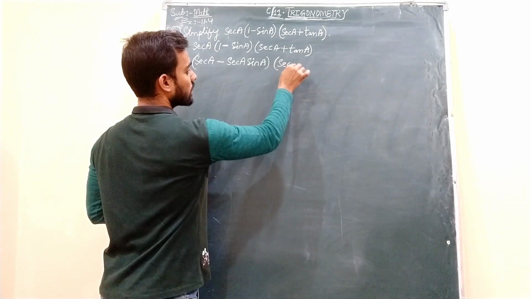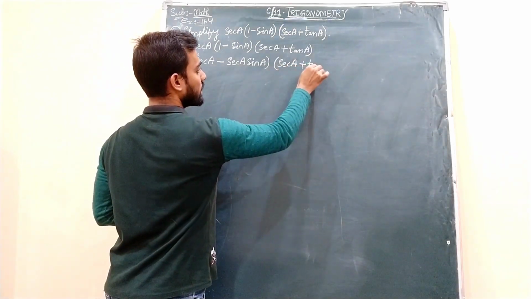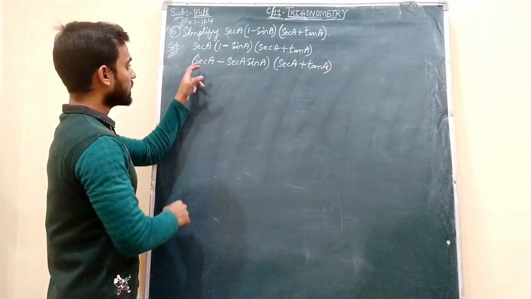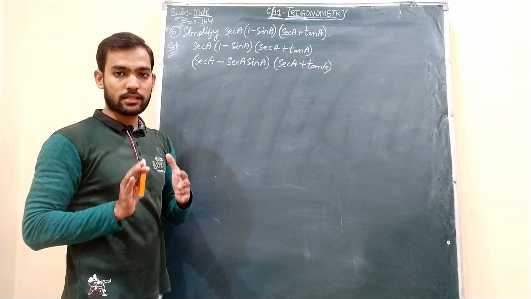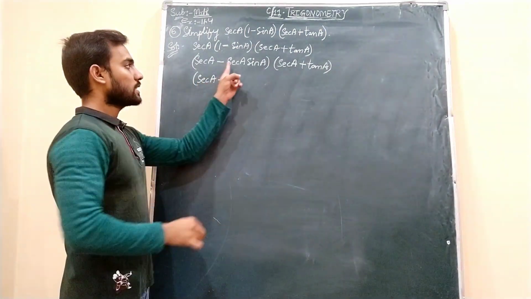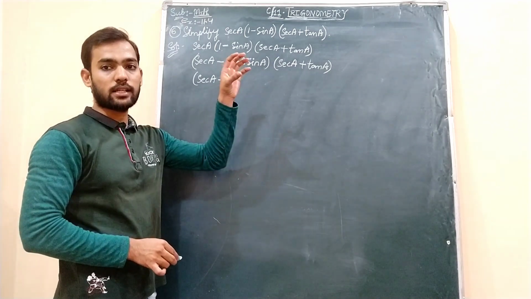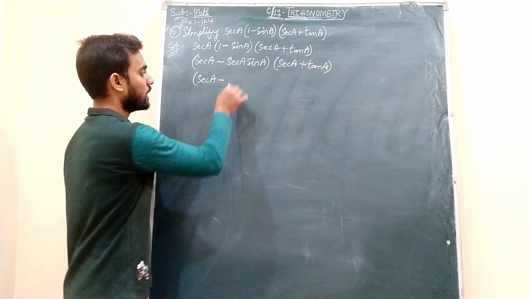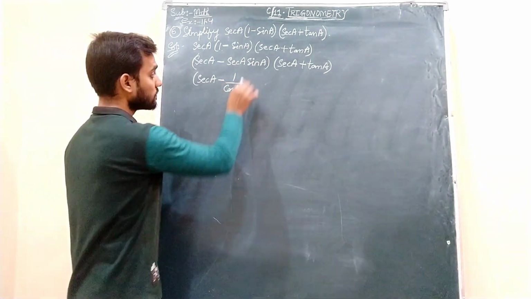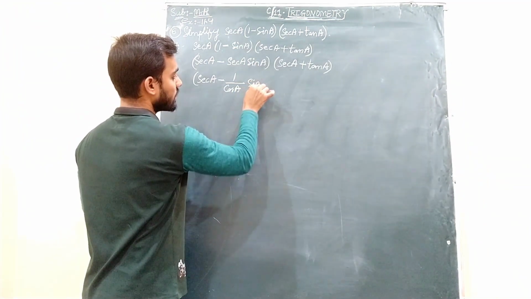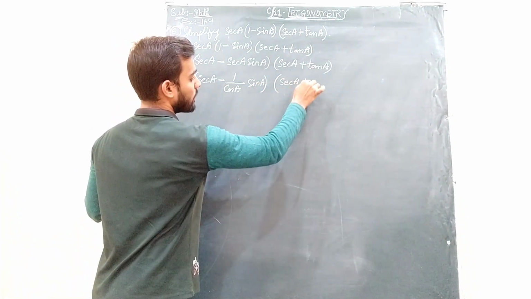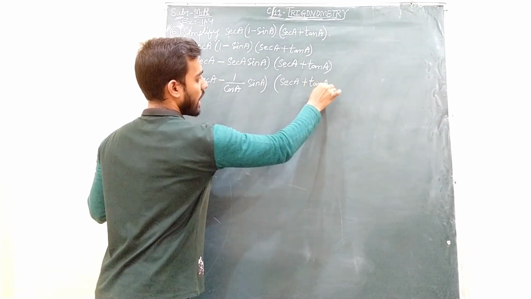Now this expression should be written as it is secant A plus tan A. Understand students? Now in next step, this secant A are same, so I will not disturb it. This secant A I will keep as it is, minus this secant A I will change as per the multiplicative inverse of it, that is 1 by cos A, into sin A. Then this will be secant A plus tan A as it is.